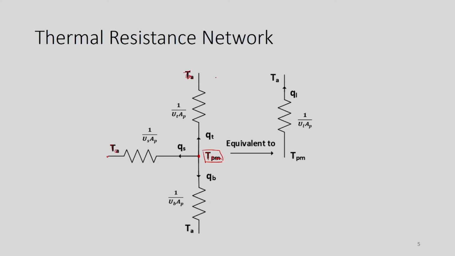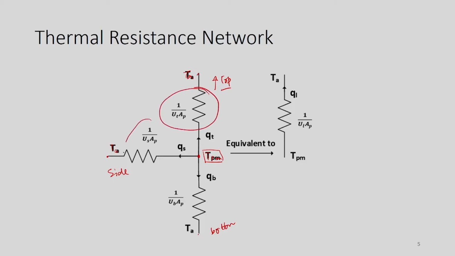This is towards top, this is side and this is bottom. So, heat loss will take place from this plate to the sides, plate to the top, and plate to the bottom. These are the thermal resistances.